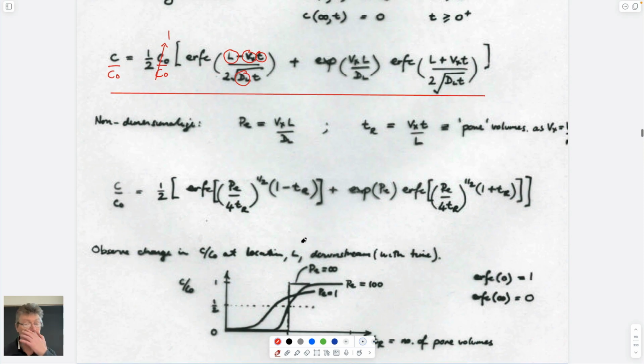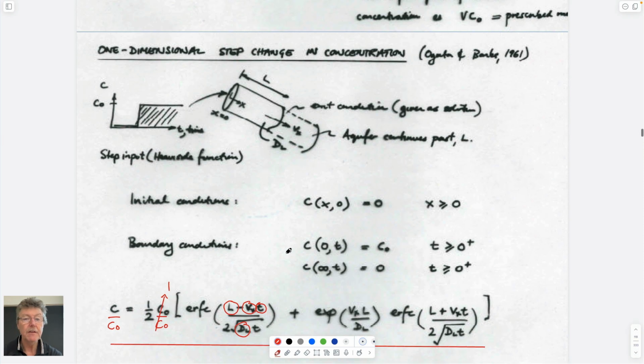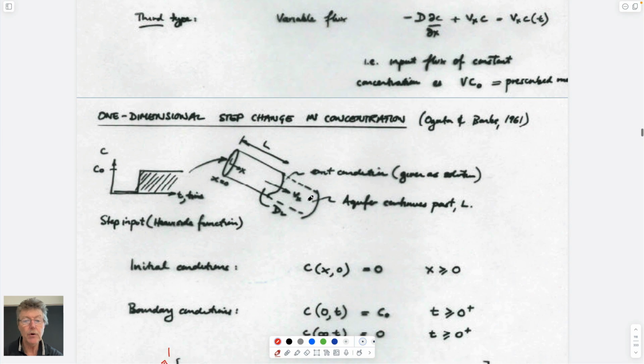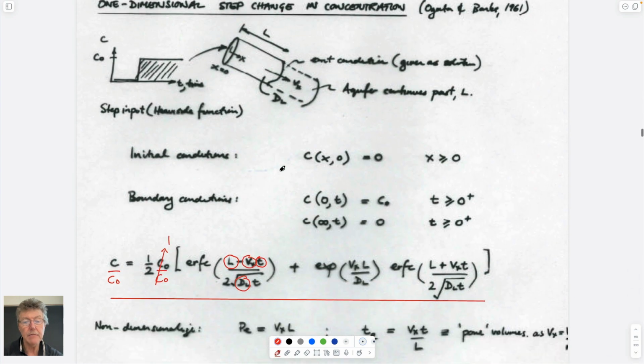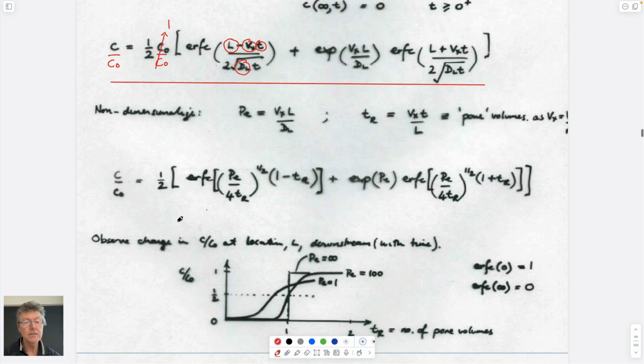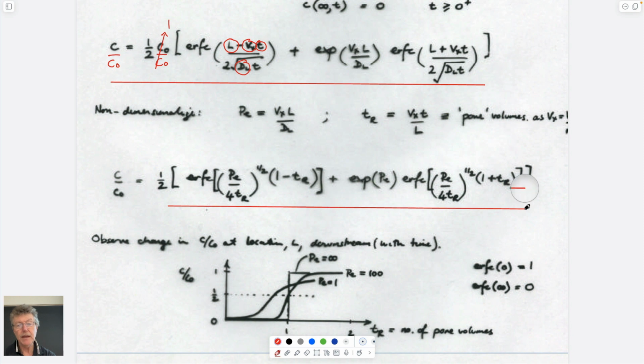And if we wanted to play around with this, or indeed, if we wanted to write this equation that we solve in terms of its dimensionless variables and solve it, we'd end up with this same solution. And this is the solution in terms of these other variables. So you remember in this case we have three variables.